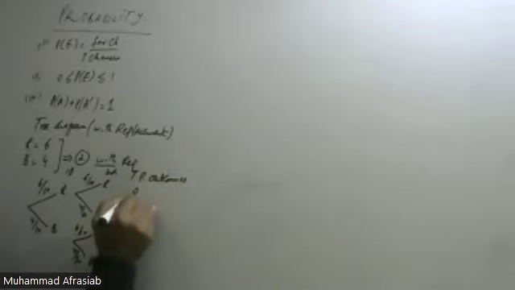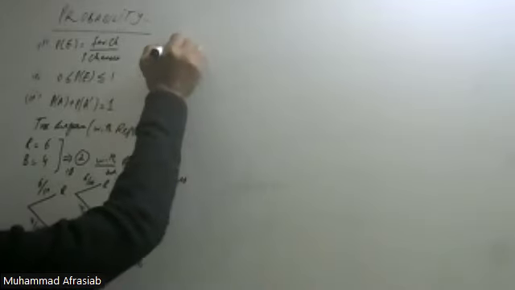Because we are doing it with replacement, the total number of balls and the colored balls will remain the same. So for the second draw the red is still 6 over 10, and this is 4 out of 10, this is 6 out of 10, and this is 4 out of 10. Here we make the total possible outcomes: red with red, red with blue, blue with red, and blue with blue.